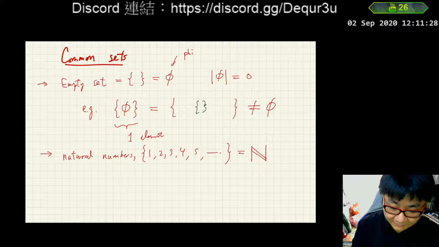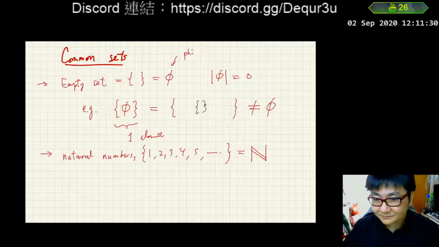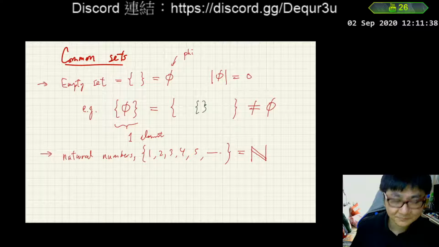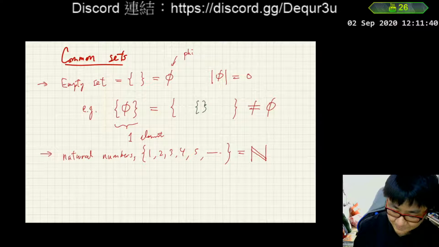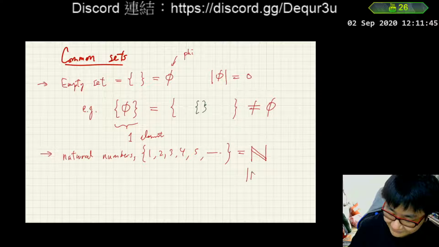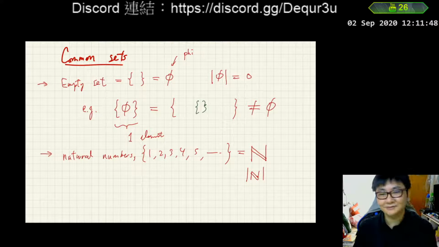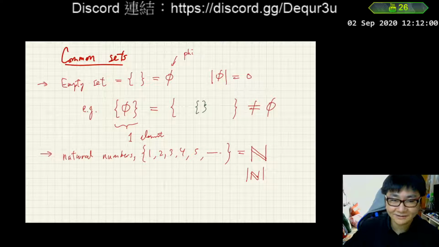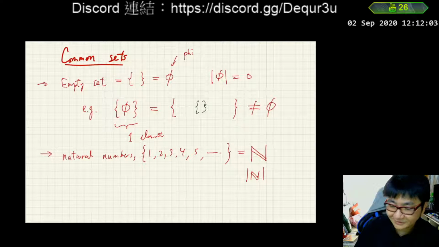So how many elements are there in the natural number set?